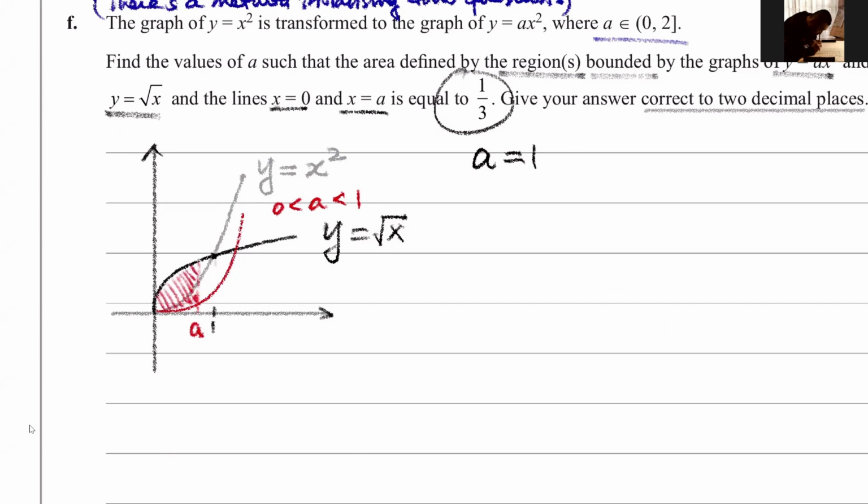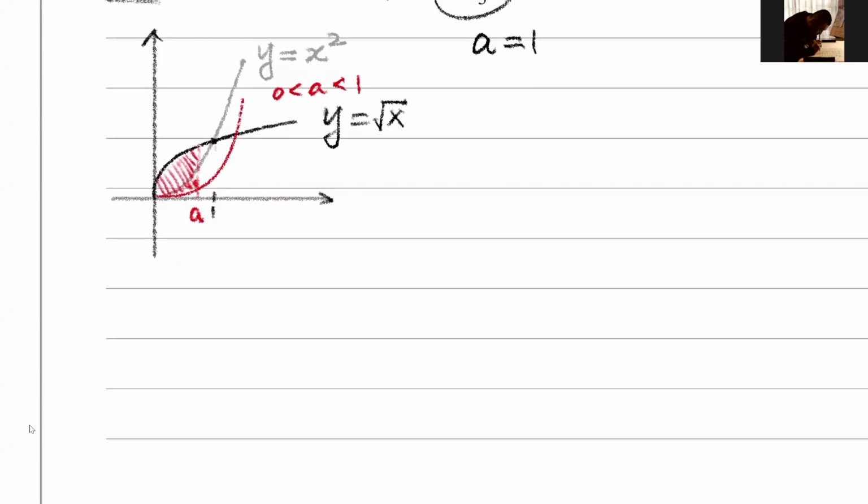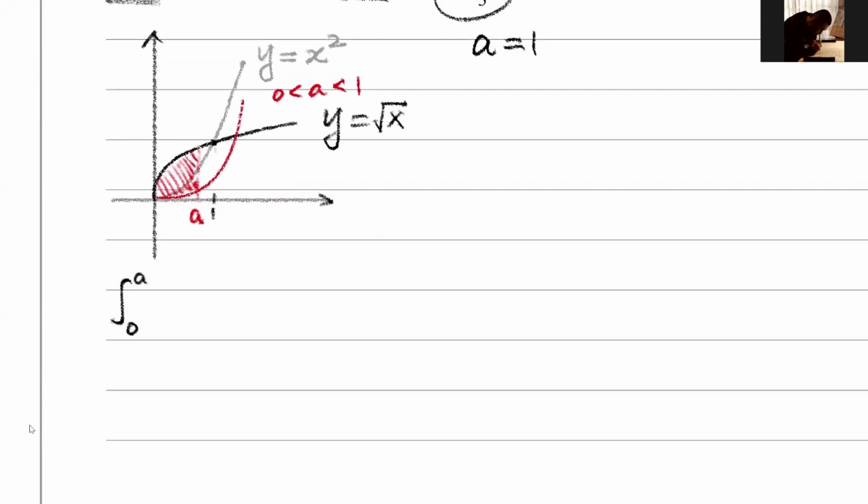So one possible case is the integral from 0 to a of root x minus a times x squared dx equals 1/3. And you may want to solve for the a values, okay?